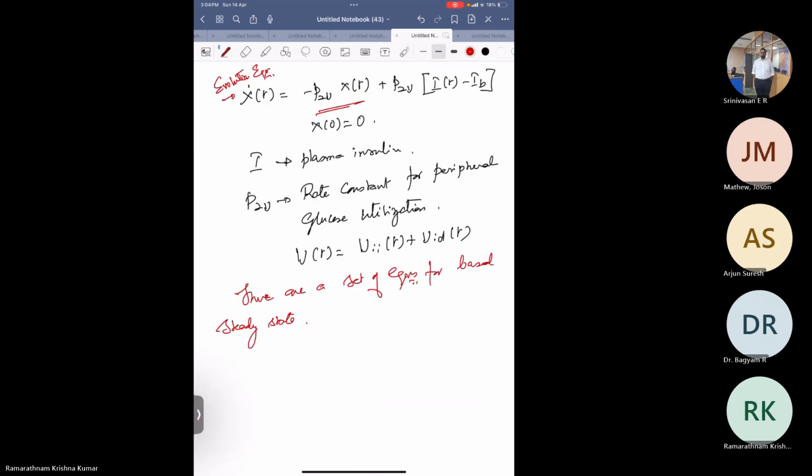And when there's a utilization, at the same time there is also a production. That depends upon this. In the utilization term, I is what? Plus minus C, IB, all things are with respect to basal. That is a basal state.